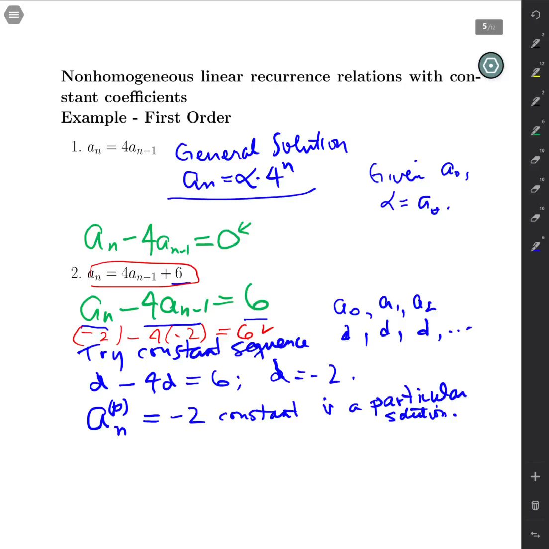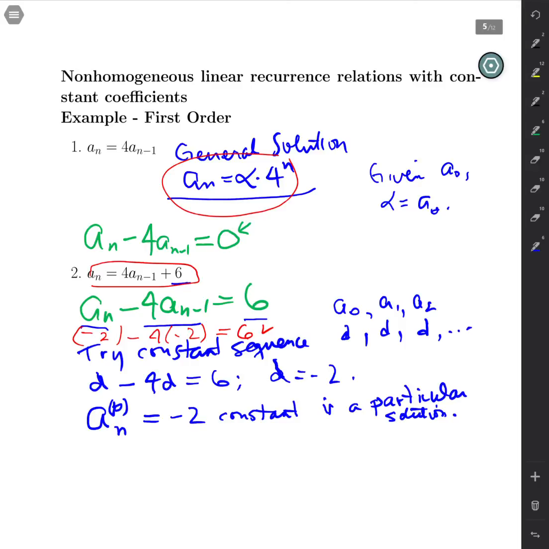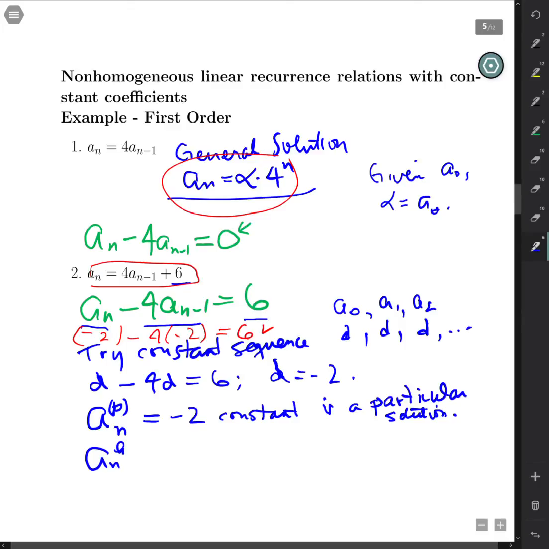And what I want to convince you of now is how we can combine that with the solutions of the homogeneous equation to get the whole realm of solutions here. So the homogeneous equation solutions, I'm going to call a_n with an h.